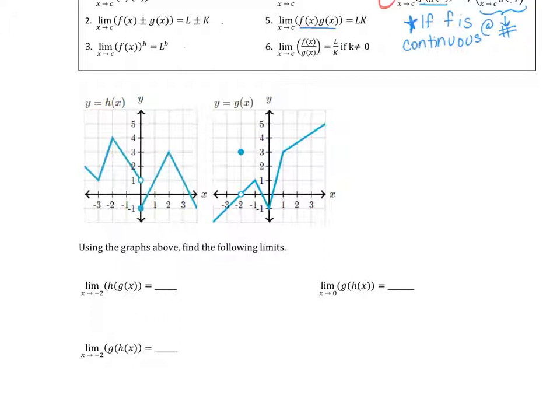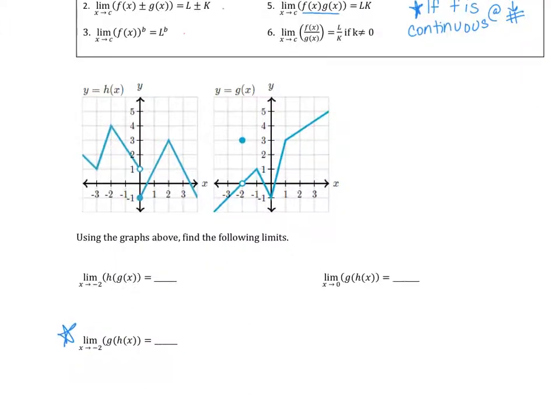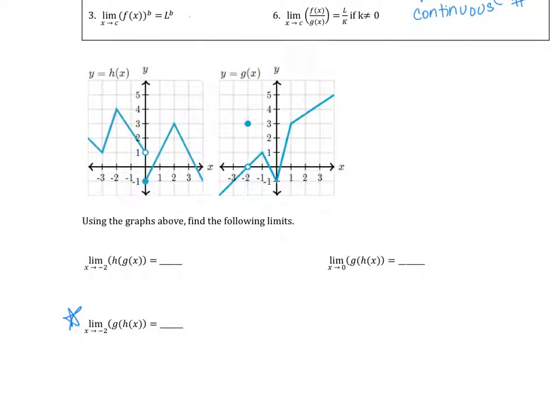Okay, and I'm going to do this in a very weird order. I'm actually going to start with this one. So I'm going to write that this would be equal to g of the limit as x approaches -2 of h of x.